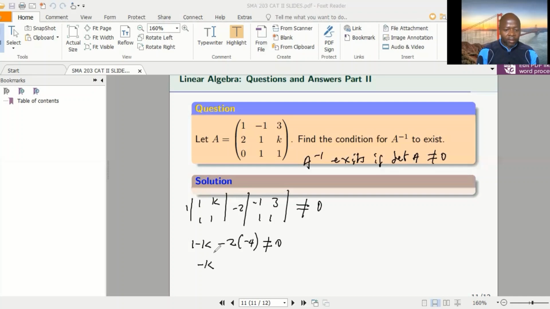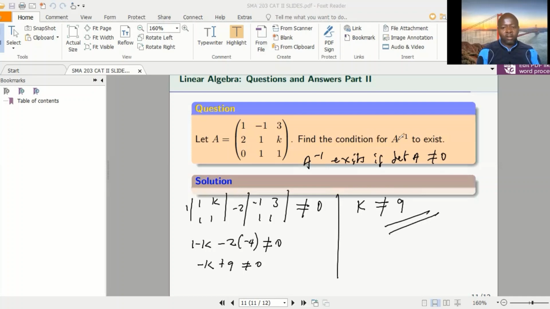Negative k, this is positive 8 plus 1, should not be equal to 0. So that means when I take k to the other side and 9 remains on the other side, k should not be equal to 9. And that's the answer that we are looking for.